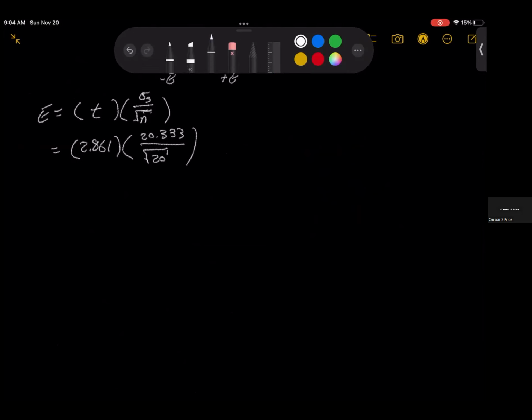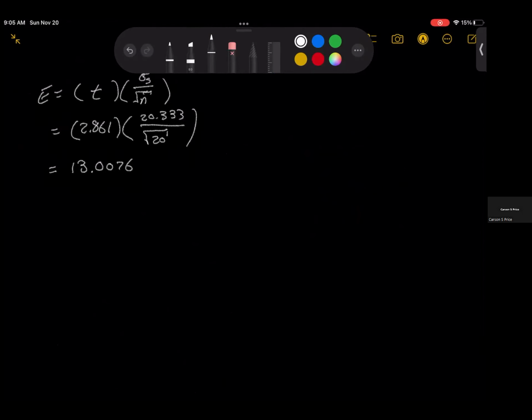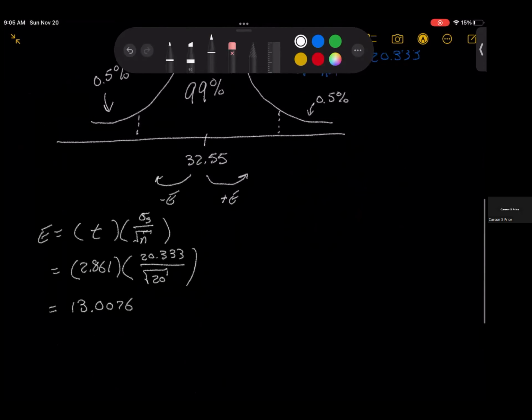All right, now that I have all the pieces for my error, I can calculate this and find that my error is about 13.0076. So pretty close to 13 there. If that's my error, then I need to take my average and subtract my error to find my left bound of the confidence interval.